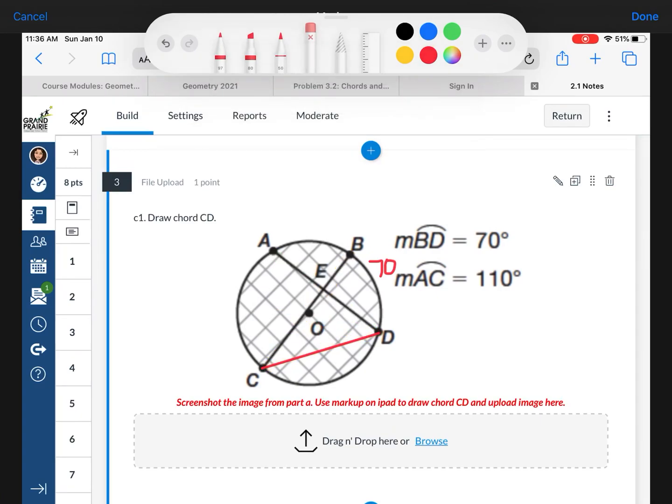Let's highlight what it's specifically talking about in this question. How does this angle BED relate to the triangle CED? So let's highlight triangle CED, this green triangle. How do they relate?